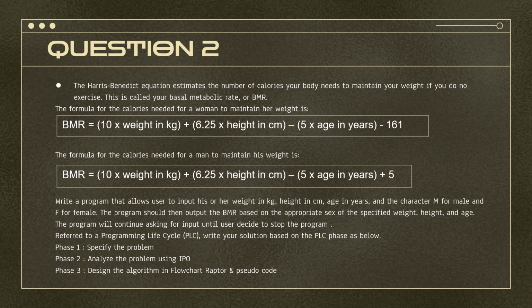The program will continue asking for input until the user decides to stop the program. Refer to the program life cycle (PLC). Write your solution based on the PLC phases as below. Phase 1, specify the problem. Phase 2, analyze the problem using IPO. Phase 3, design the algorithm in flowchart, Raptor, and pseudocode.